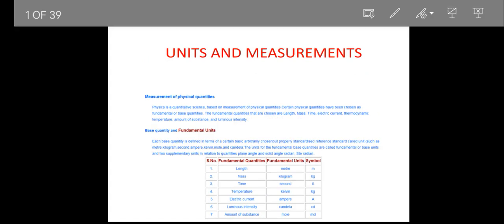If I move on further, let's say derived quantities. What can be the derived quantities? As the name suggests, derived means it can be derived from the fundamental or base quantities. Let's say for measuring the area, what do we need?